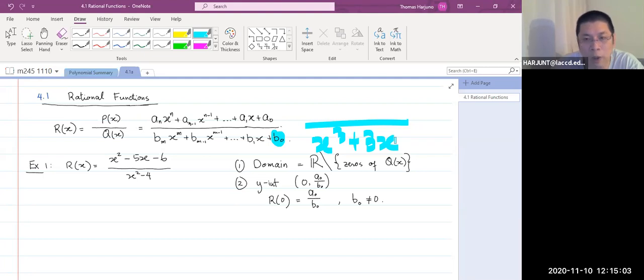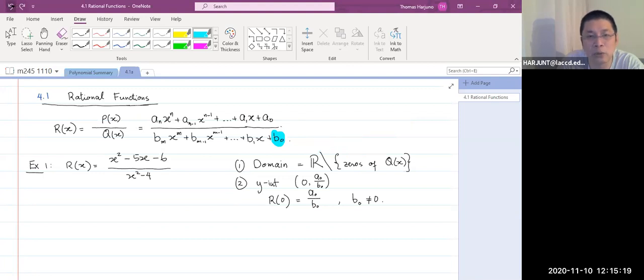Therefore, you won't have a y-intercept. Now, those are the easy ones.